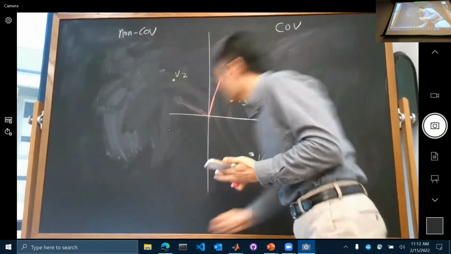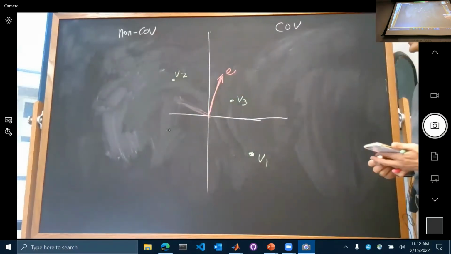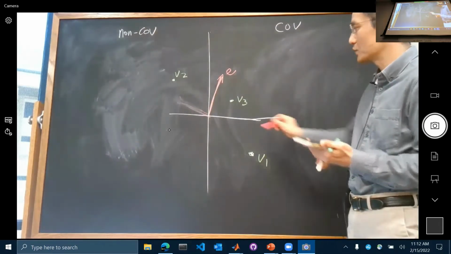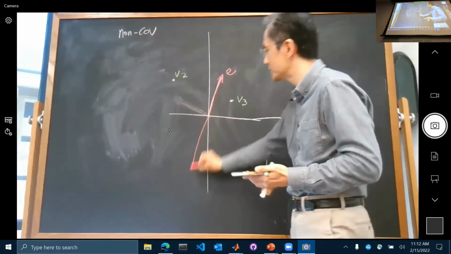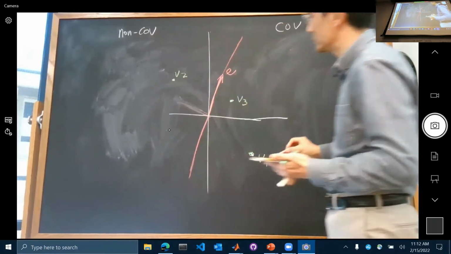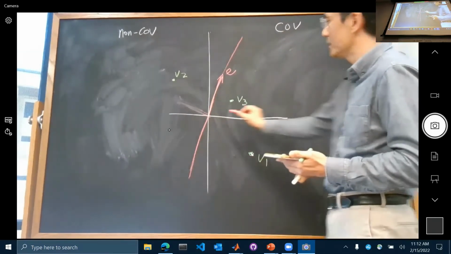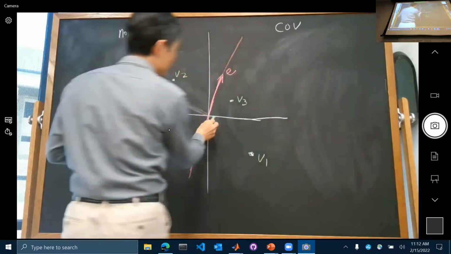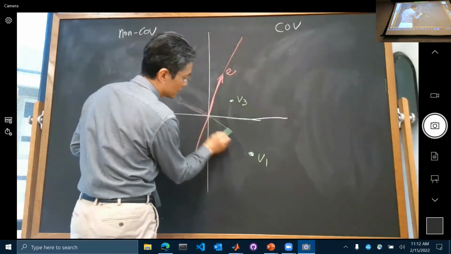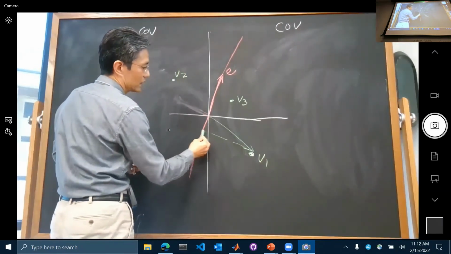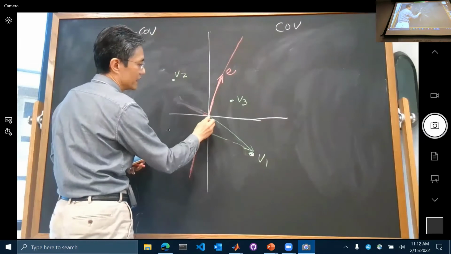So now I'm going to compute the variability of the 3 data points once they project onto my new coordinate system. My first one will be V1 projected. I have V1, I have a projection here.